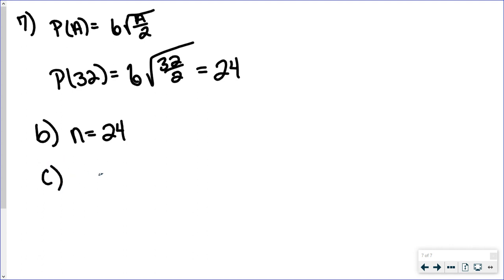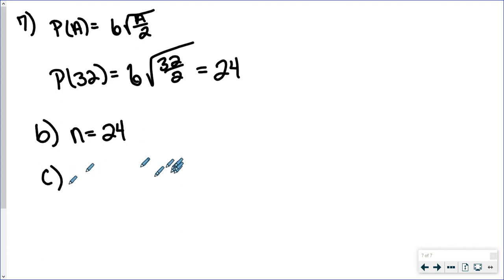All right, C. On the axes above, draw the graph of the inverse function p of -1. All right. What I, of course, recommend you do there is that you take some points that are on the graph and flip them around.